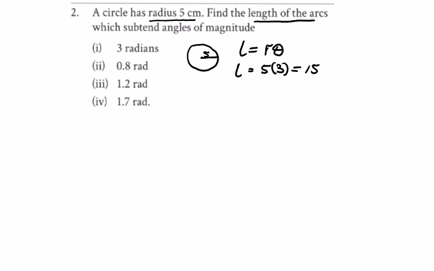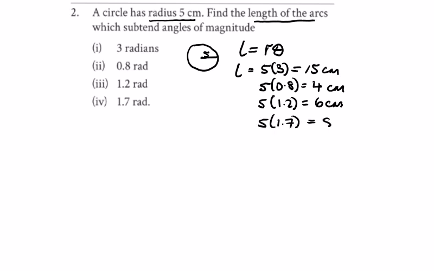The second one, we're going to get 5 by 0.8, which is equal to 4. And these are all in centimeters. Then we have 5 by 1.2, 6 centimeters, and 5 by 1.7 is going to be 8.5 centimeters. Just a nice easy start to these questions.